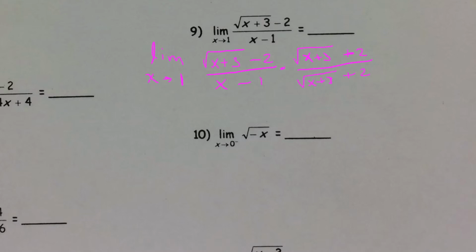Now when you multiply conjugates, remember first times first and last times last. So the square root of x plus 3 times the square root of x plus 3, well, that's just x plus 3. And negative 2 times positive 2, that's negative 4.